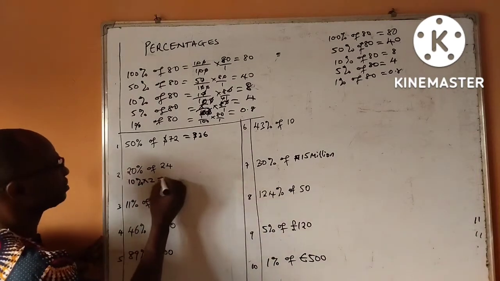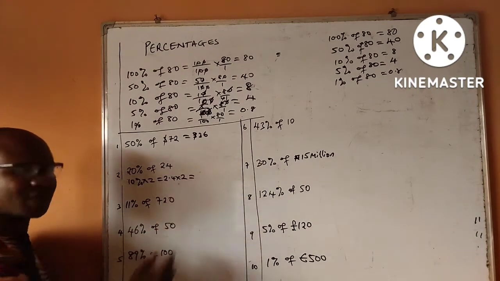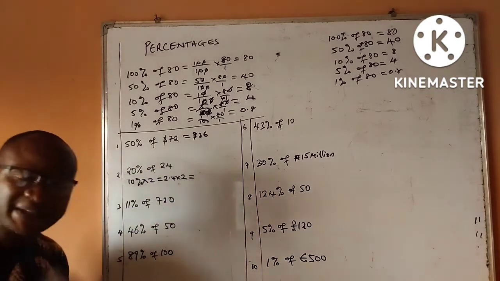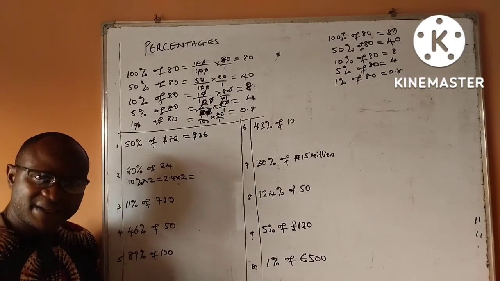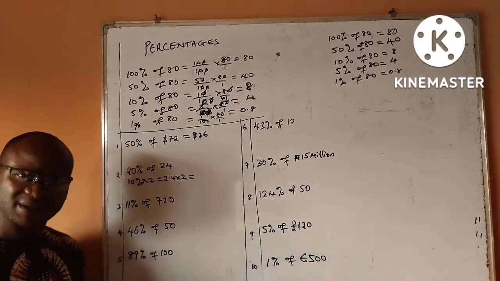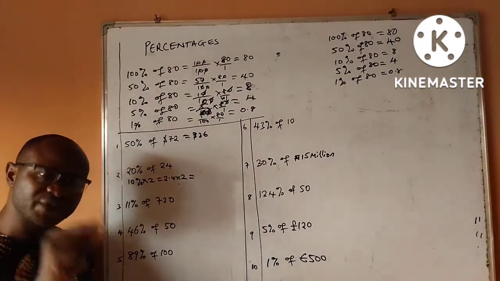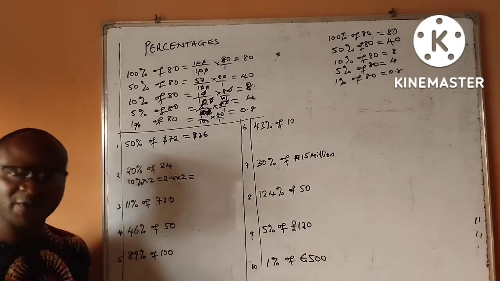So I will now be doing 2.4 times 2. Okay? Since it is 20% that I need, 20% is 10% plus 10%. It is the same thing as 10% times 2. So I'll just find 10%. Very easy to do. 10% of 24, which is 24 divided by 10. That is 2.4. And now multiply 2.4 by 2.